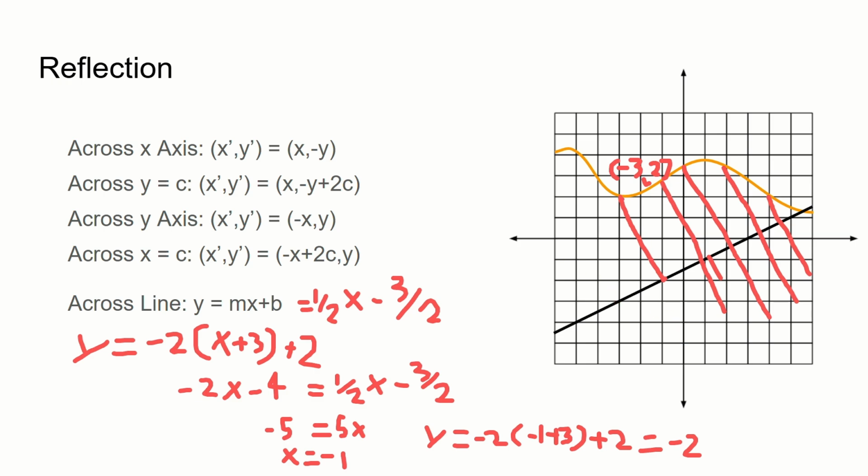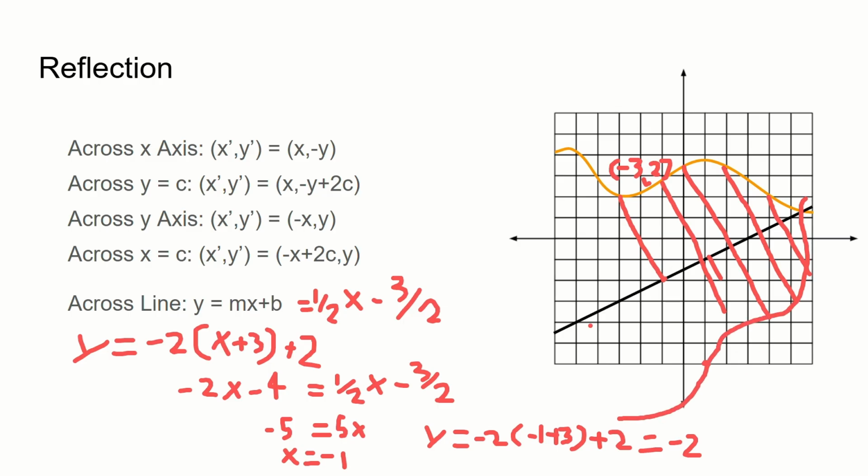So we see it moved 2 in the x direction, so we'll move 2 in the x direction again. And it moved 4 in the y direction, so we'll move 4 in the y direction again. So we'll end up right here. And we could do that with the rest of the points, and we would get a line something like that.